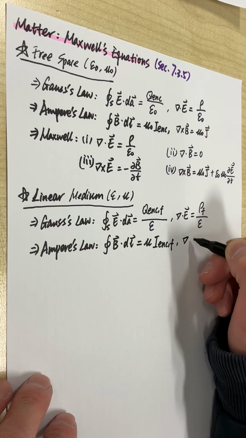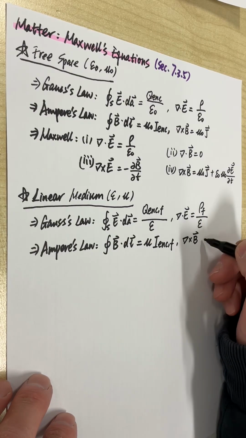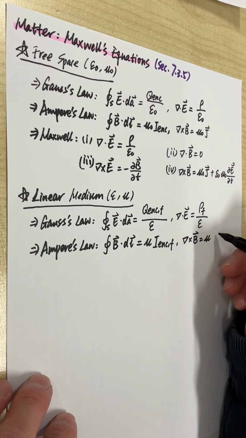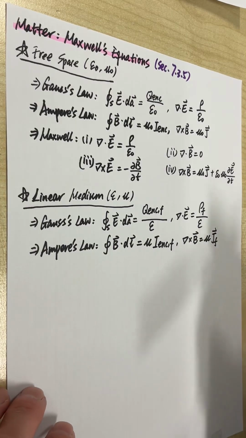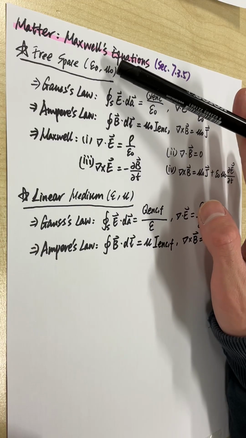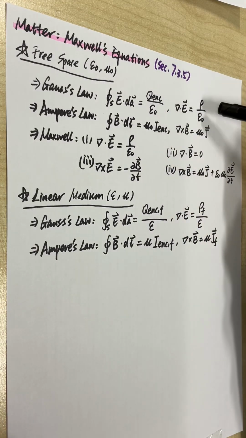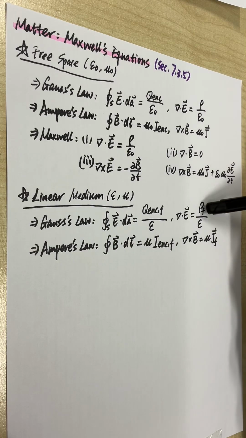And then the differential form is the curl of the magnetic field, which is equal to mu times the free current density. So basically you need to replace epsilon 0 and mu 0 by epsilon and mu, and then you need to replace the charge and the current density by the free charge and free current density.